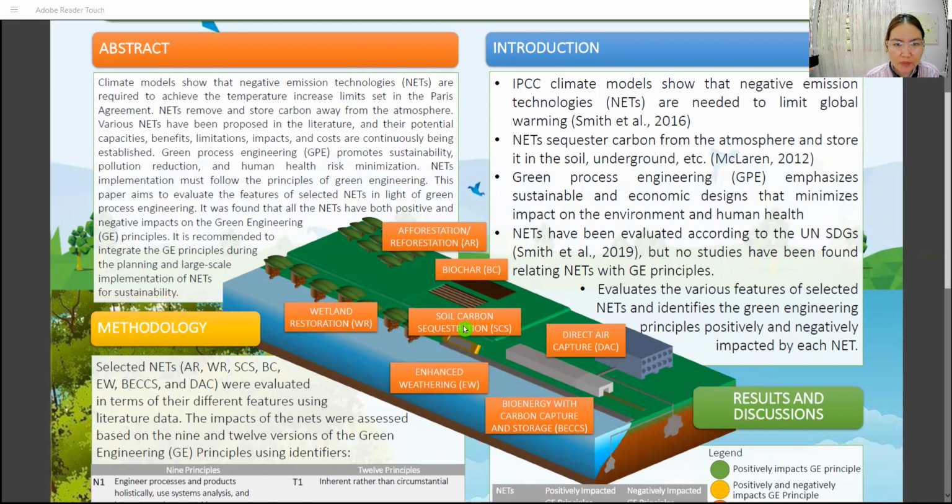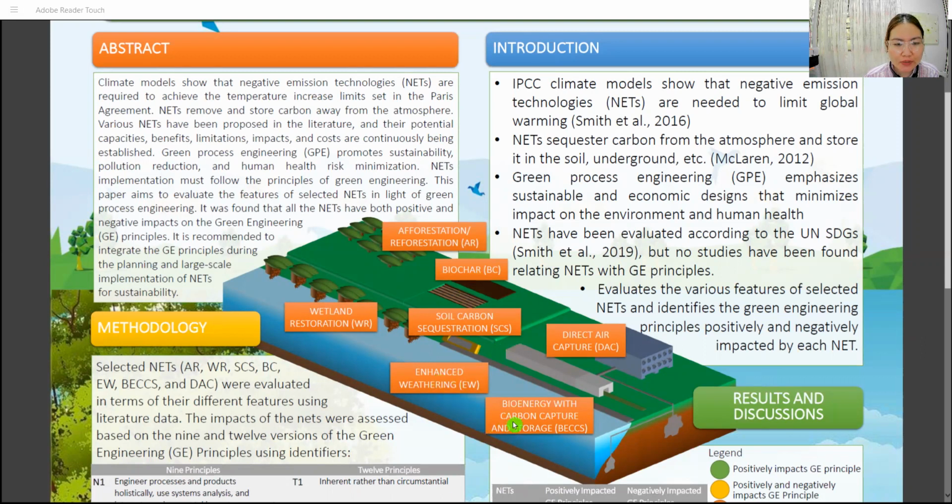Soil carbon sequestration, or SCS, takes advantage of land management options to enhance the capacity of soil as a carbon sink. Biochar application to soil improves soil quality and stores carbon dioxide from the atmosphere into the soil. Enhanced weathering, or EW, is where the carbonate and silicate weathering activities of rocks are fast-tracked by the addition of silicate minerals to the soil.